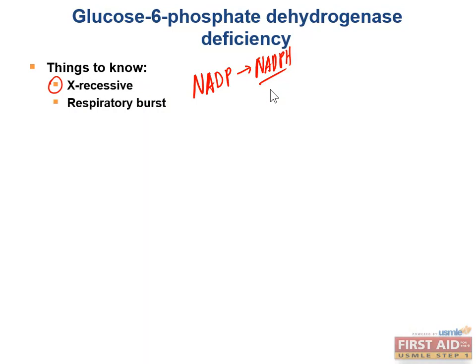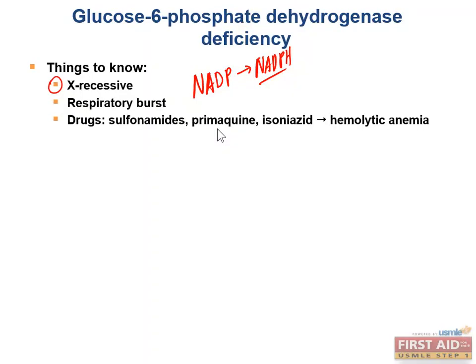Alright, one of the main problems in G6PD deficiency is that this prevents reduction of glutathione, which makes cells more susceptible to oxidative stress. Under normal conditions, most patients might not have any symptoms, but when subjected to oxidative stress through things such as drugs like sulfonamides, primaquine, isoniazid, you may also see fava beans, their red blood cells aren't going to be able to handle it, and they'll lyse, causing a hemolytic anemia.